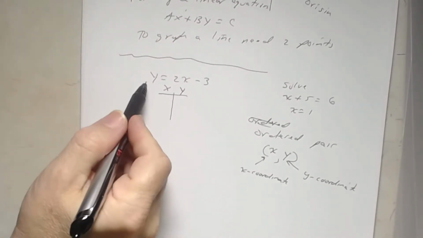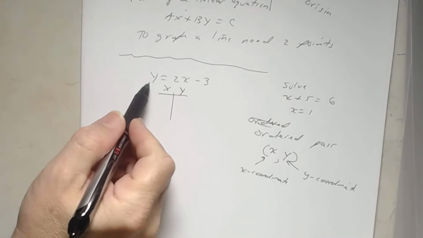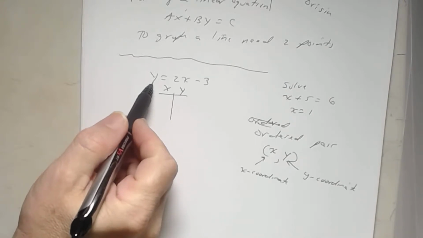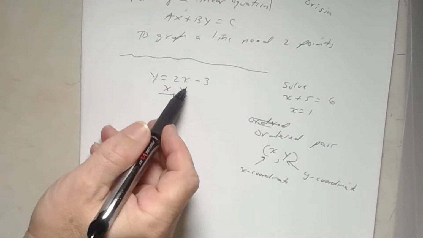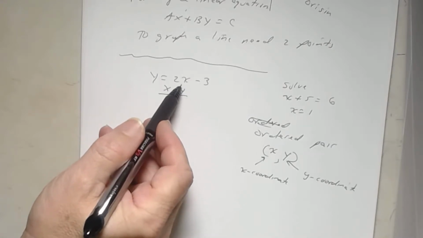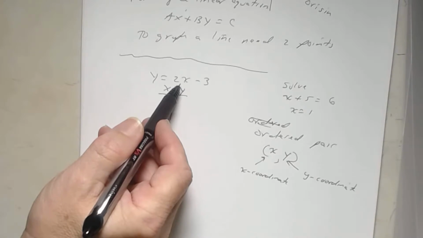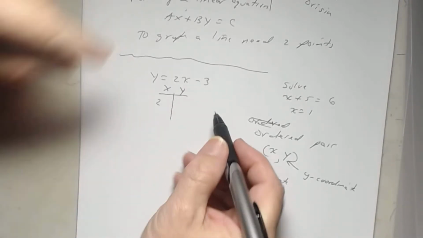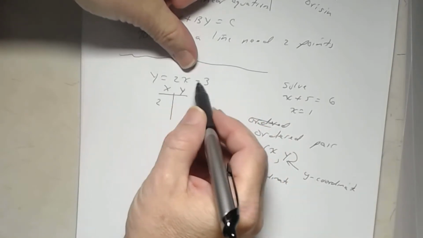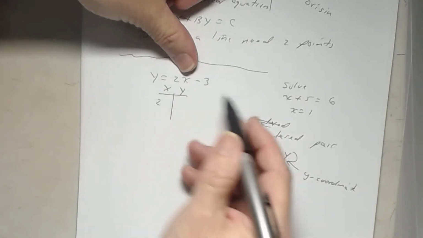And so what letter is by itself here? Y. So what we're going to do to solve for y is I'm going to pick a number for x. In this case, it doesn't matter what number I choose for x. So give me any number for x. 2. So if x is 2, basically what you're going to do is wherever you see an x, you're going to plug in what? 2. So this is what you're saying.